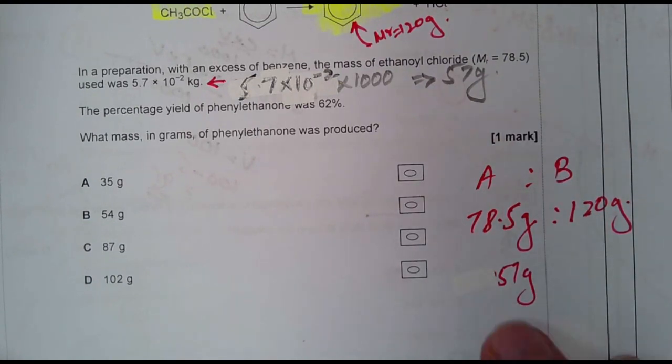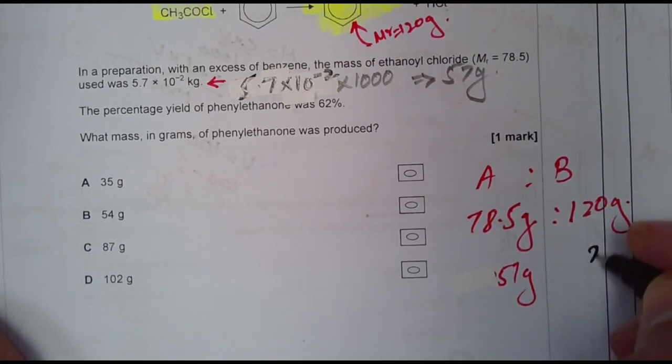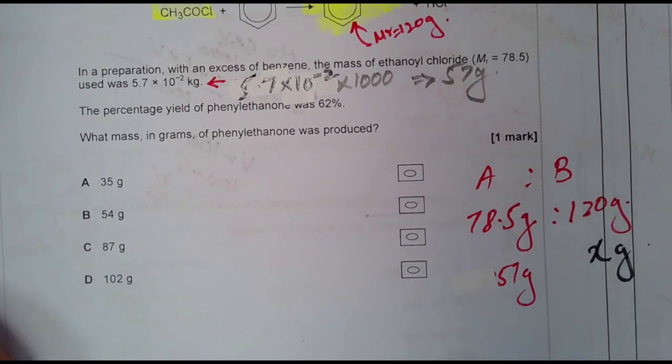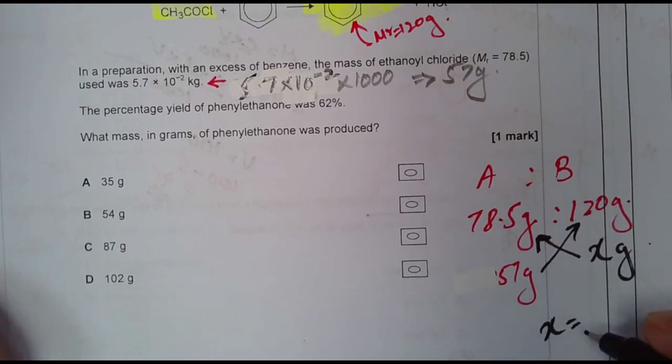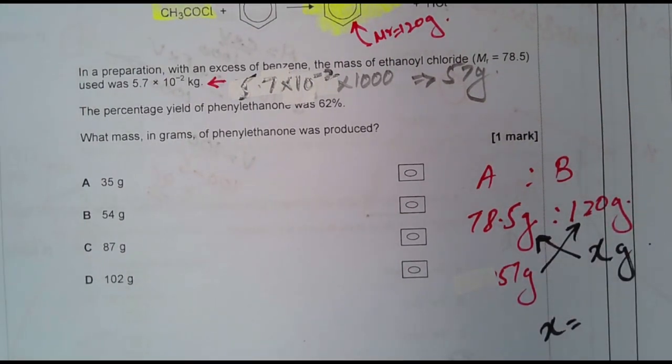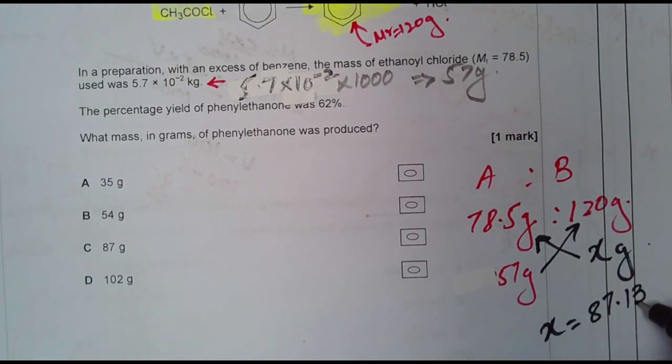Now, once I've done this as 57 grams, I don't know how many grams of mass will be produced. Now, if you cross multiply and work out the value of X, how much will it be? 120 times 57 divided by 78.5. This gives me 87.13 grams.